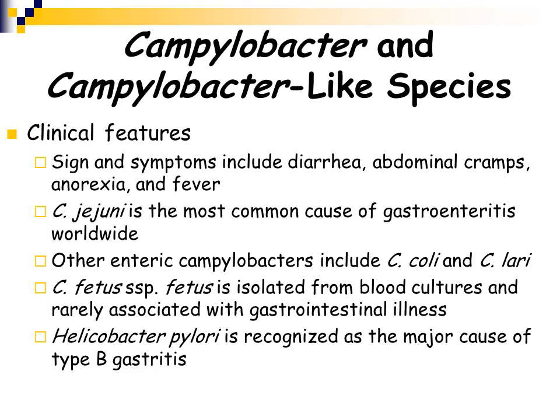Now, Helicobacter is another organism in this miscellaneous group, and the only species we're going to talk about is pylori, and Helicobacter pylori is the major cause of type B gastritis, and it has been associated with stomach ulcers.